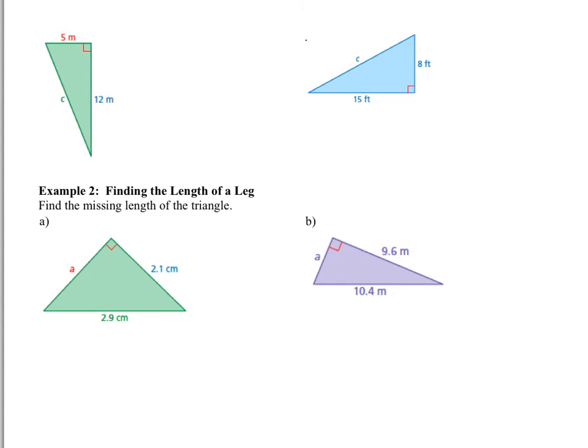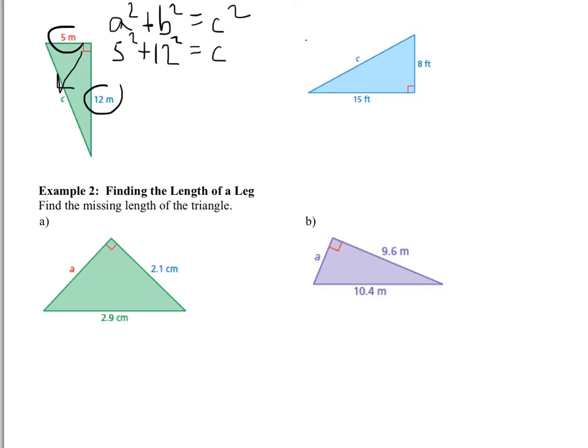So here are two more examples. We'll go through these two a little bit quicker. Again, we want to think a squared, b squared, c squared. We want to know what we have. So we have a leg here and a leg here. So 5 squared, 12 squared. The side across is the c. That's the one we need.